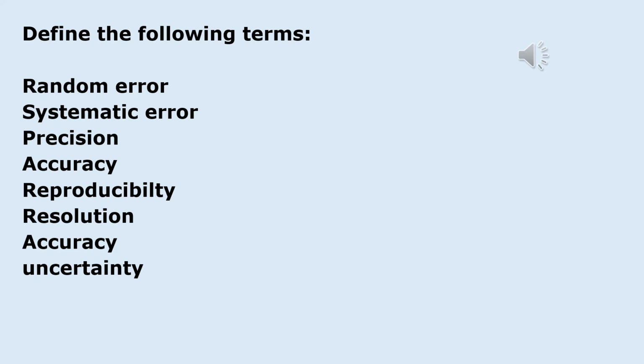For example, if you're trying to measure something that's got a very small mass, then air currents might have an effect on that, and that's not something you can control. So random errors are errors that are introduced by things that you can't control, and normally there are as many of these above the actual answer as below.